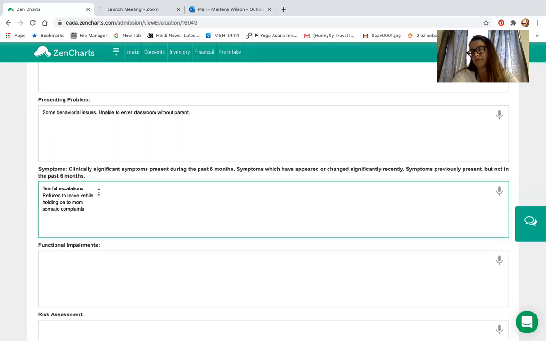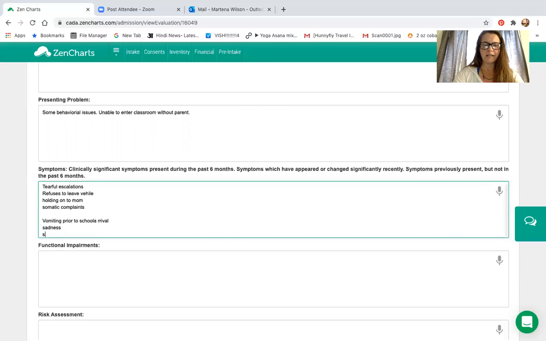And a great thing about Zen Charts, it says clinically significant symptoms present during the last 6 months, appeared or changed significantly recently, symptoms previously present but not in the last 6 months. You could say vomiting prior to school arrival, sadness, stays in room alone, refuses to play with others.